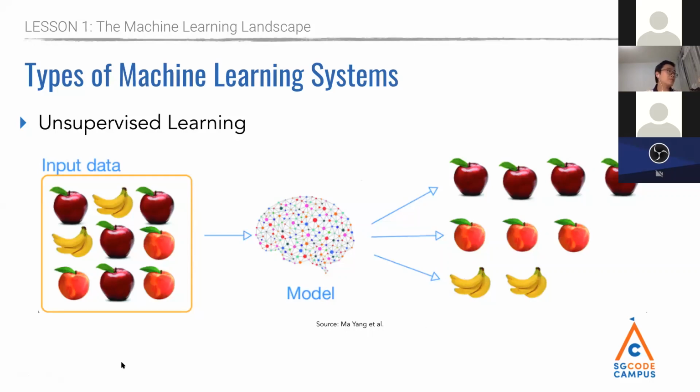So this time we have no annotation that tells you here there are apples, oranges, or bananas. So we separate them using our algorithm. Also, this is the so-called clustering problem.